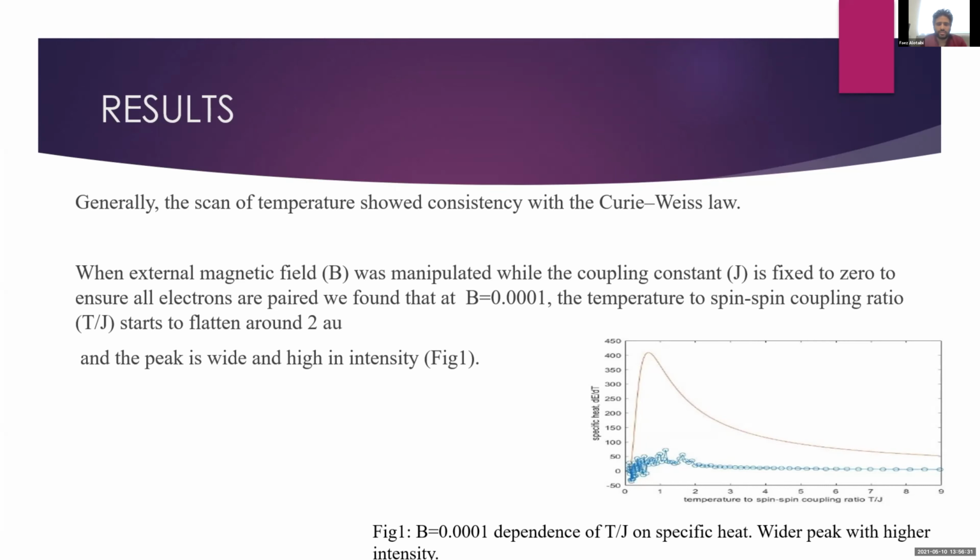When we applied an external magnetic field and manipulated the value of the magnetic field B while fixing the constant J coupling, to ensure all electrons are paired, we found that, for example, at B equals 10^-3, the temperature to J ratio starts to flatten around 2 arbitrary units, and the peak is wider and highly intense.